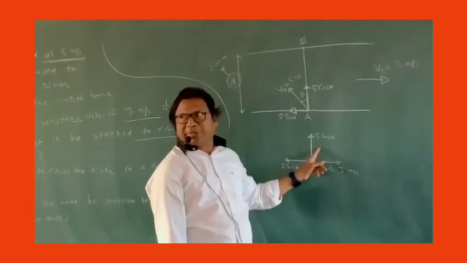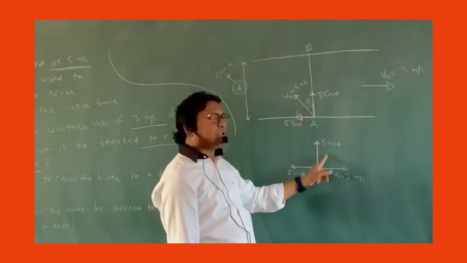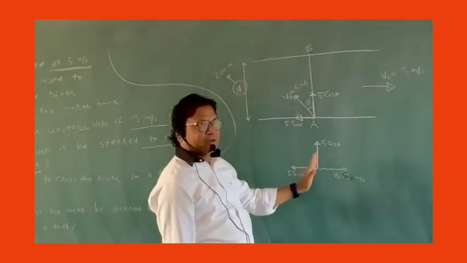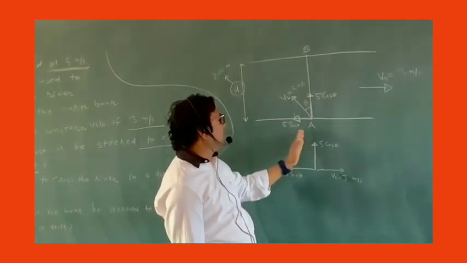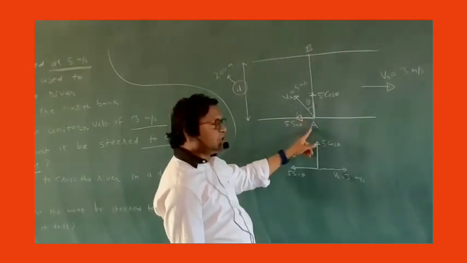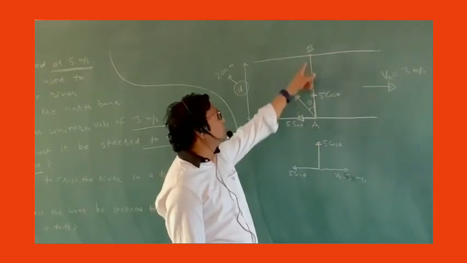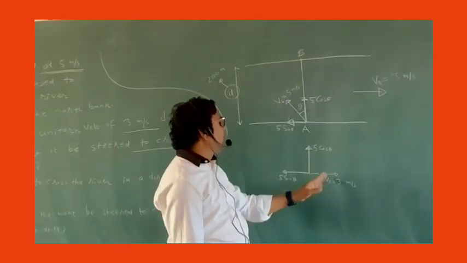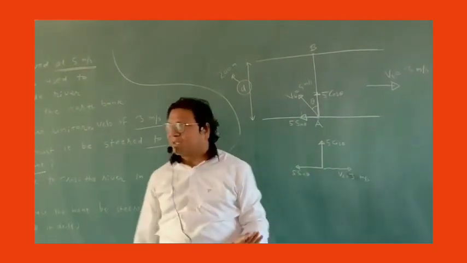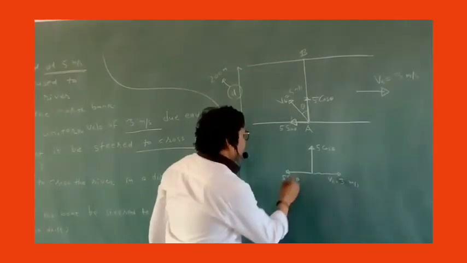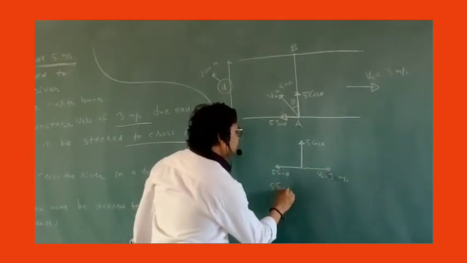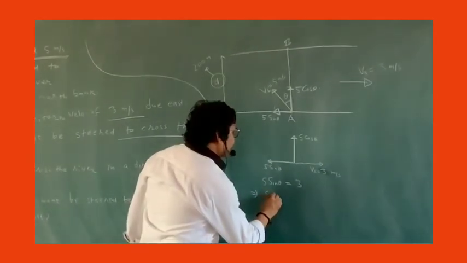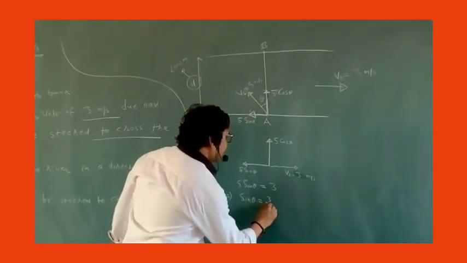Only one velocity will be there along this direction, and this velocity will pull this boat along A to B. To fulfill the condition needed in the question that the boat should reach at B, that condition will be fulfilled only if these two vectors cancel. That means 5 sin theta must be equal to 3, and sin theta must be equal to 3 by 5.